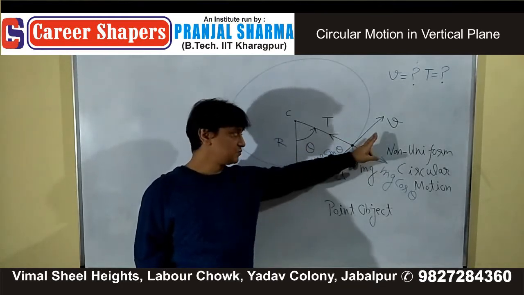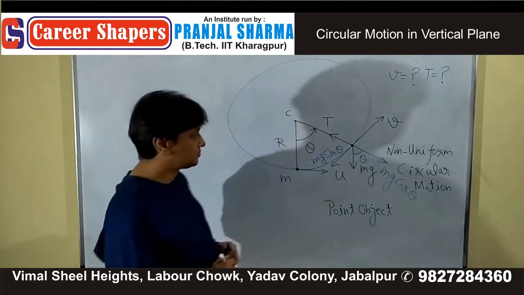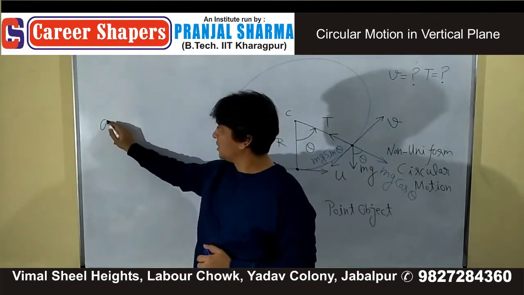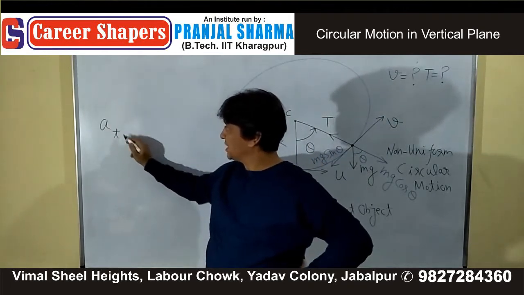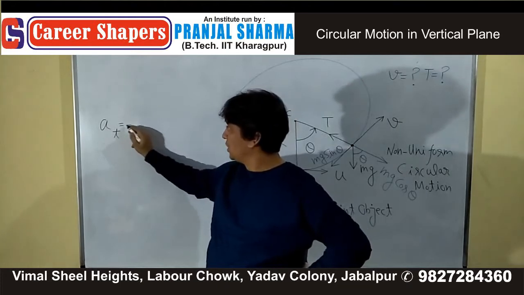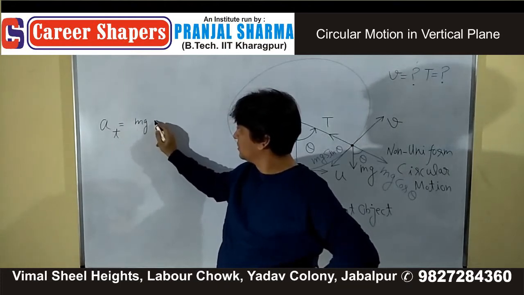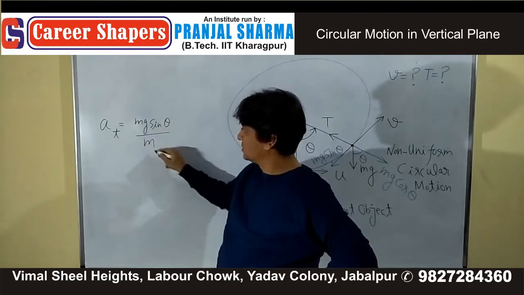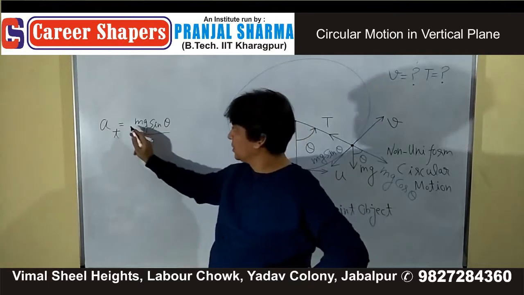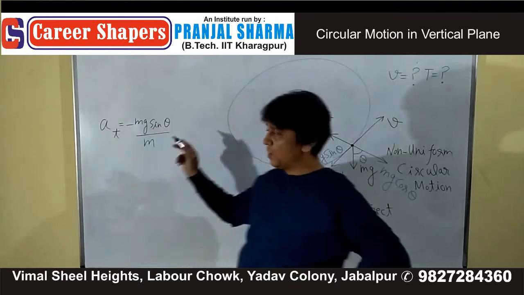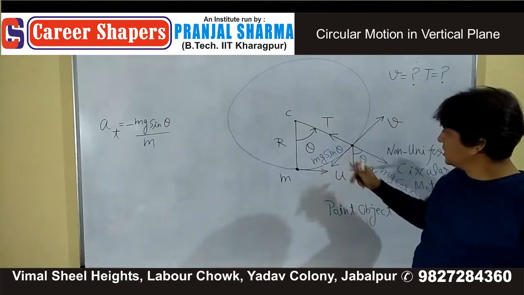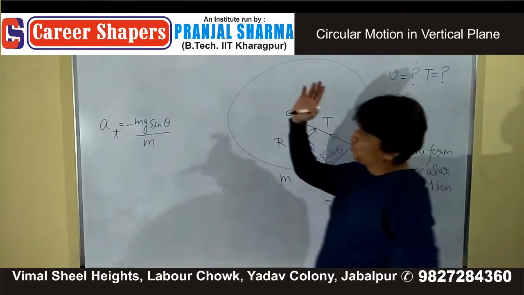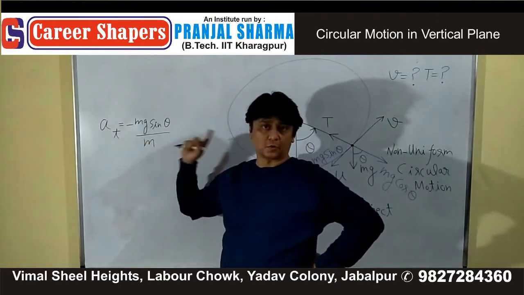It's trying to decrease this velocity, and therefore if you find acceleration, which is tangential acceleration, then it will be force divided by mass, with a negative sign. Why negative sign? Because mg sin theta is opposing the velocity vector. This will give us one equation.